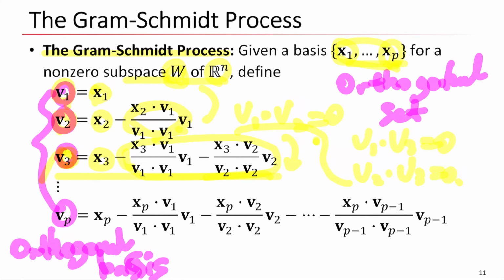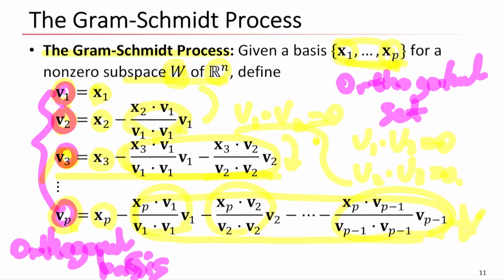And then generally, if we want to find vp, then we can find the component of xp orthogonal to the space spanned by v1 through vp minus 1, right? So it will be computed something like this, right?